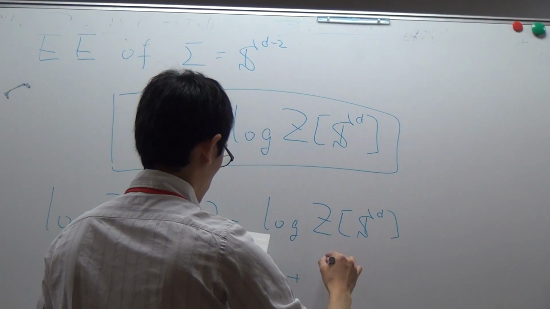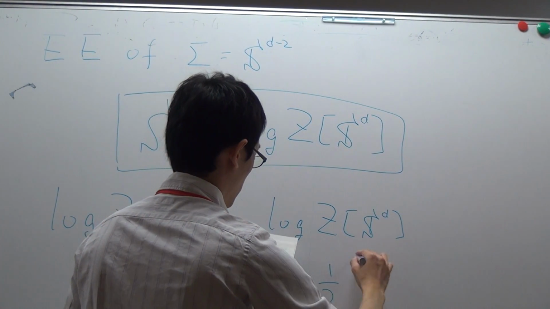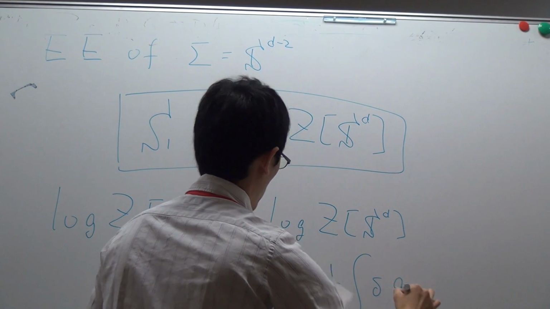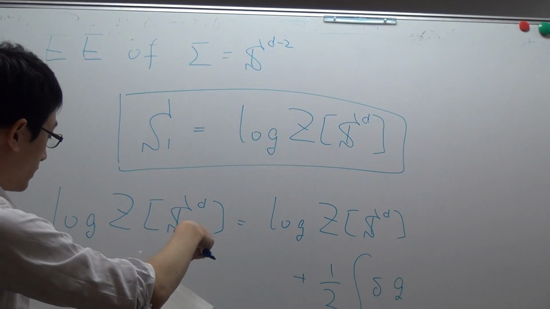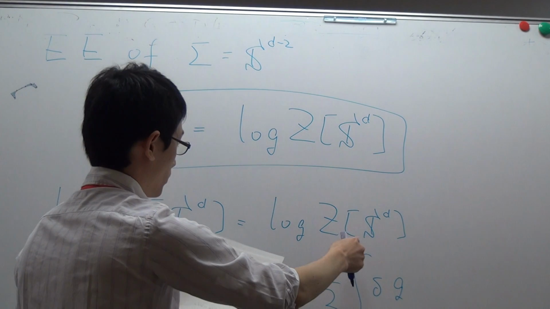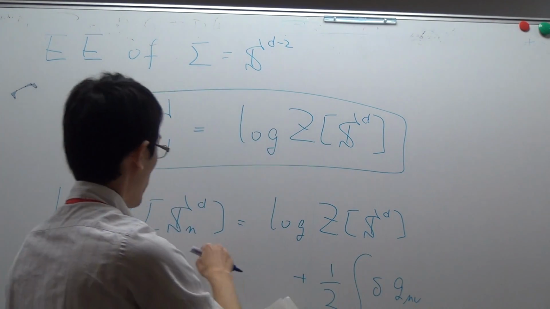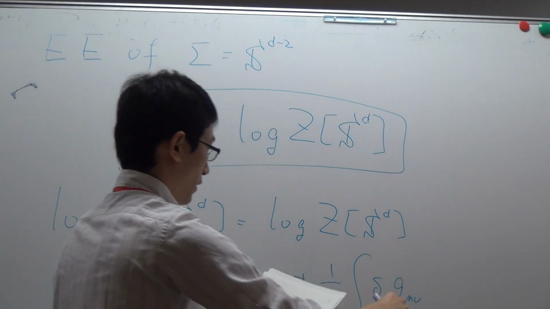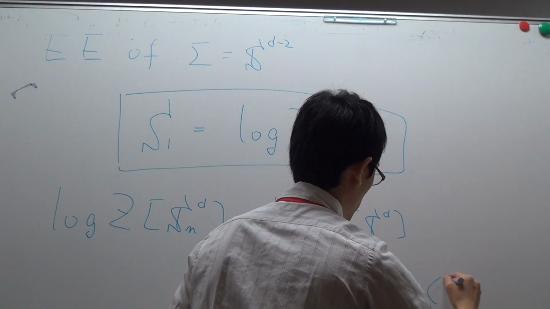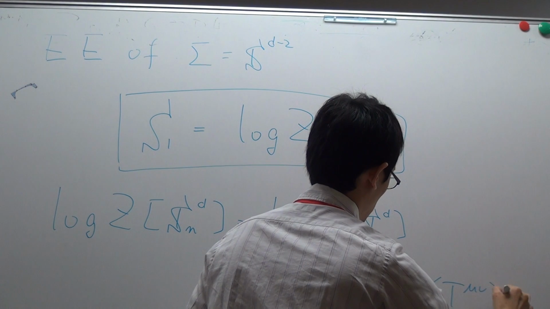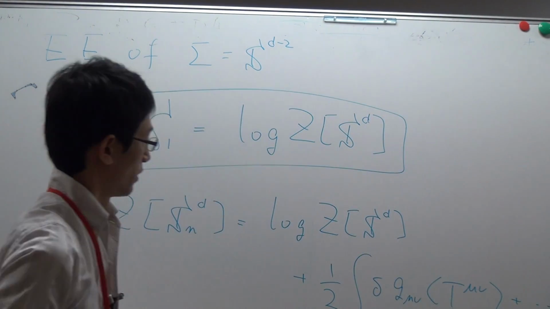But at the subleading term, we can regard this partition function as a deformation from the round sphere. So I describe this by a change of the metric, and it should be in this form.